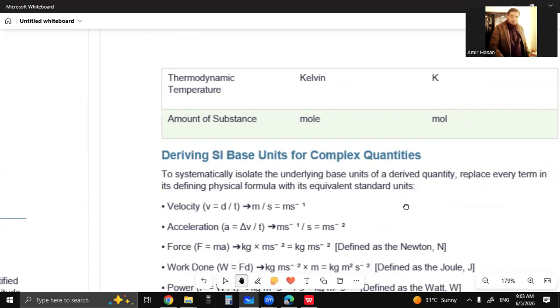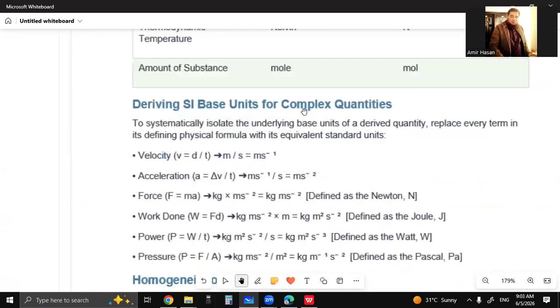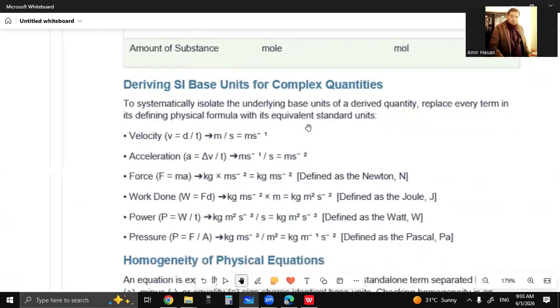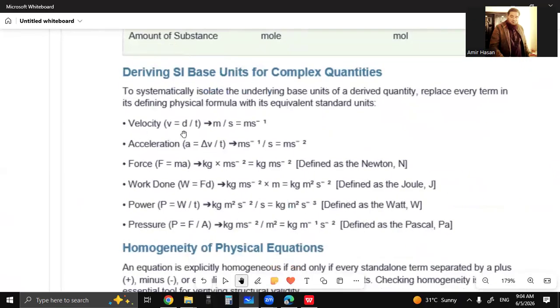Now, deriving from the SI base units for complex quantities. With the help of base quantities, we derive the complex quantities. These are the derived quantities. Just like velocity, we represent it with distance and time. Distance is length, time is time, and both are base quantities representing the velocity here. The unit is meter per second.